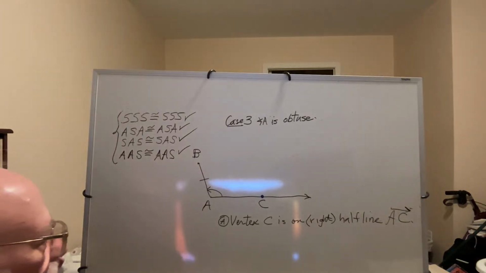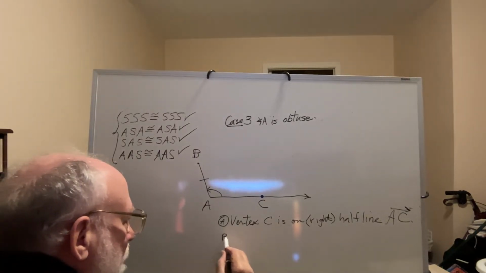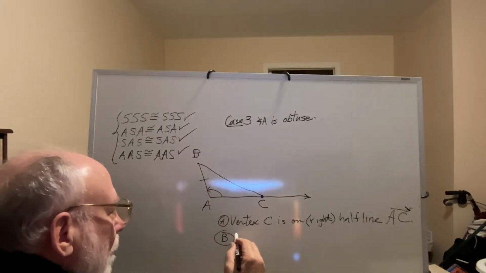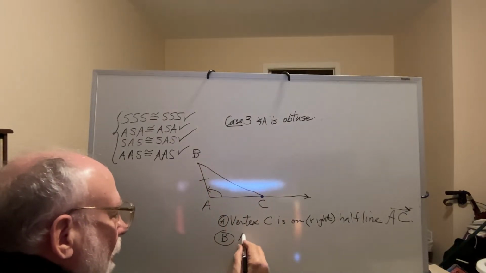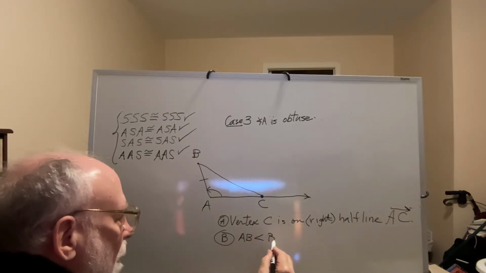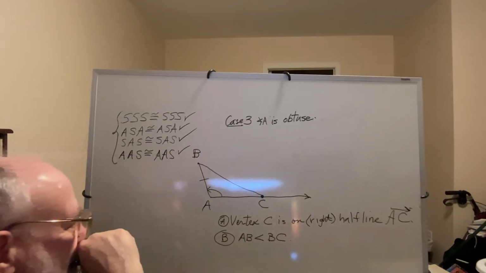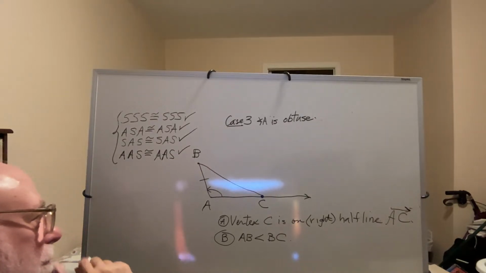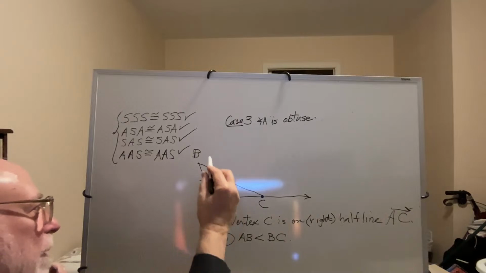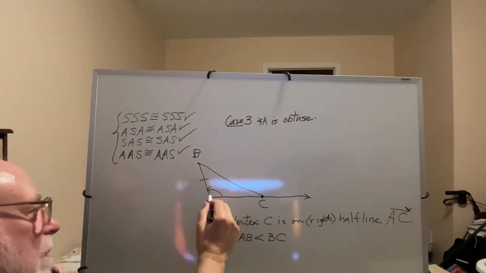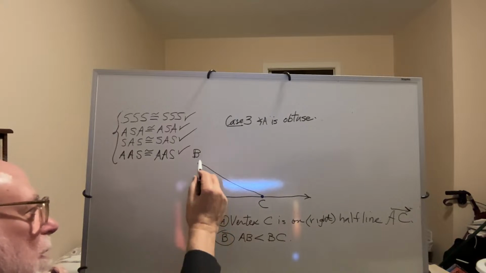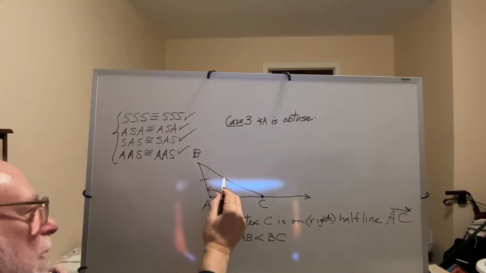So another thing that has to happen is that AB has to be less than BC. Otherwise, we don't have a triangle either, because if AB is equal to BC, there's going to be just a straight line there.